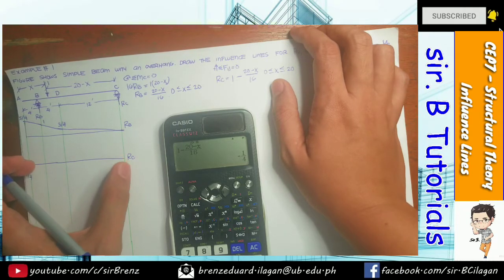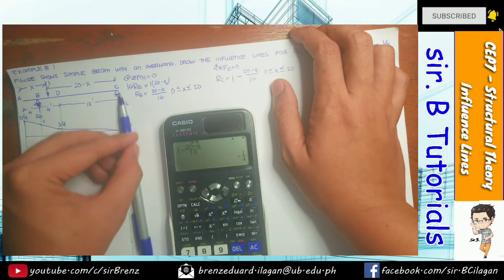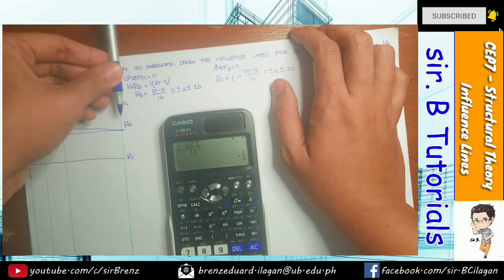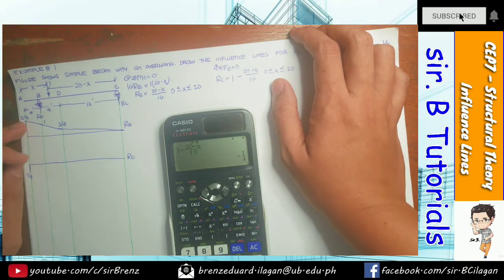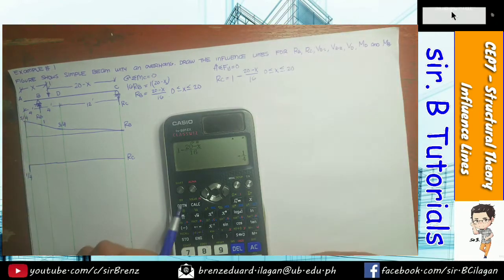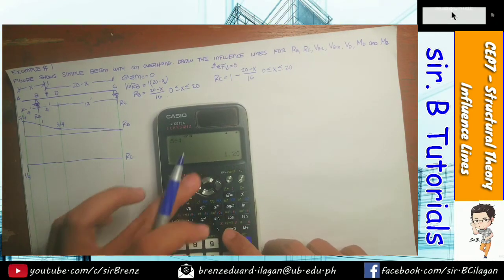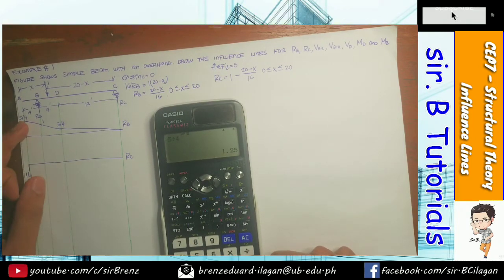Okay? So, ibig sabihin yan, guys, kapag nandito yung 1 unit load mo, instead na pataas siya, yung reaction at C, dapat pala pababa para mag-equilibrium siya. Okay? Which is correct naman, ano? Kasi kung imagine mo dito, di ba, nandito yung 1 unit load mo. Ang total lang dapat nung RB and RC is equals to 1. Ngayon, kung ito ay 5 over 4, di ba, or 1.25, ibig sabihin, labis na yung RB.